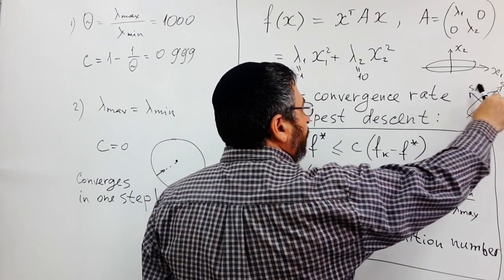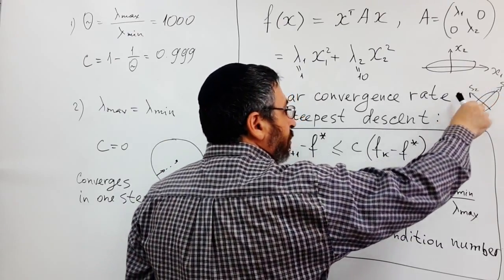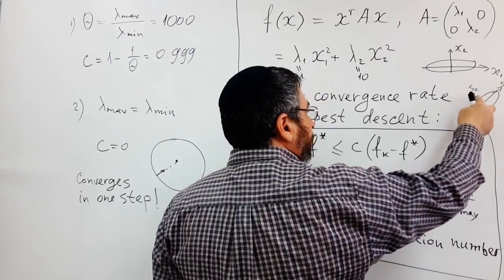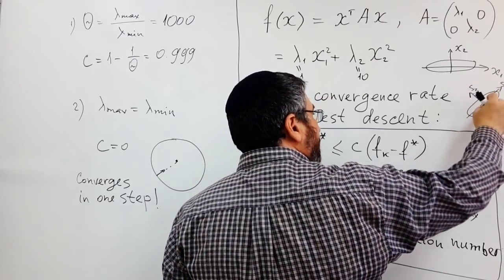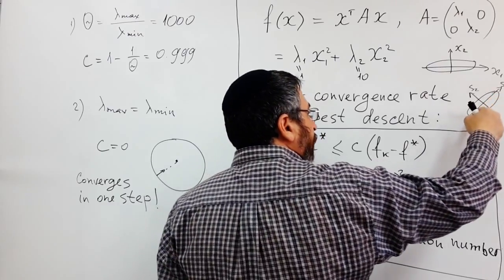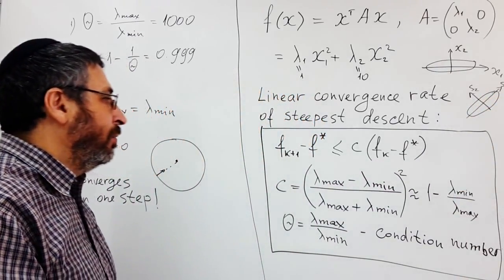Only the axes of the ellipses will be the eigenvectors of the matrix. But the general picture in those axes will be the same. It will be elongated in the direction of small eigenvalues and short in the direction of larger eigenvalues.